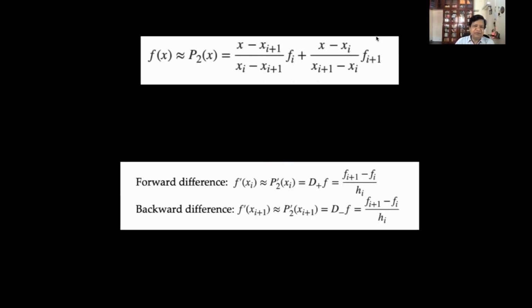Now, in fact, we have all the machinery. We can just use that to solve. To compute the derivatives, we have f of x, which I approximate using a Lagrange polynomial, apologies, not Legendre.